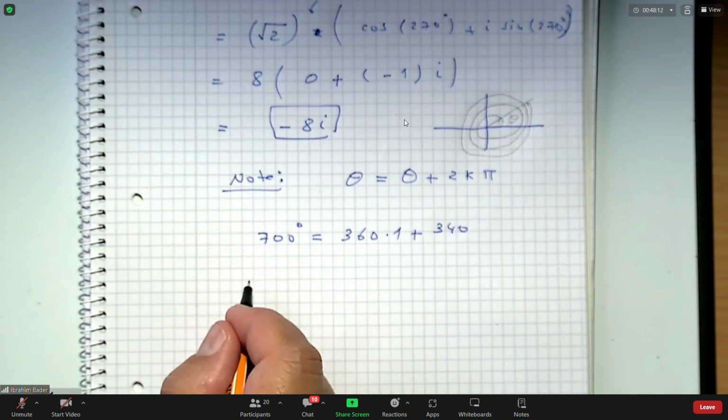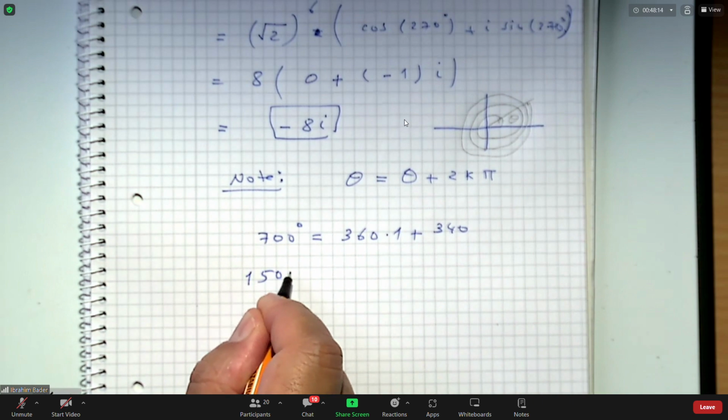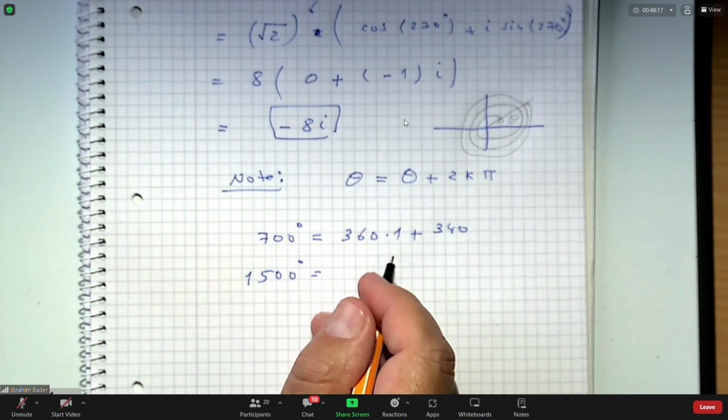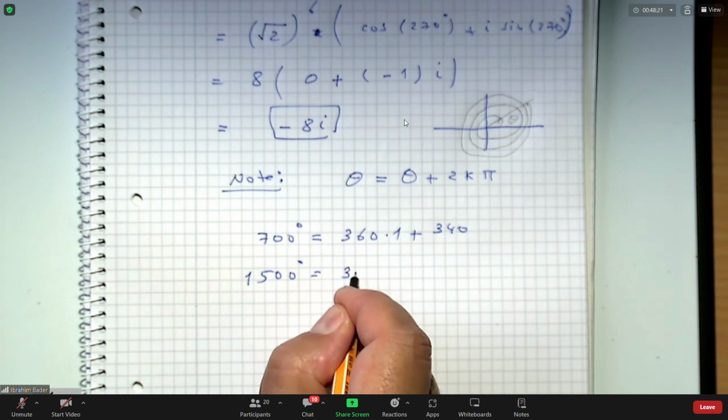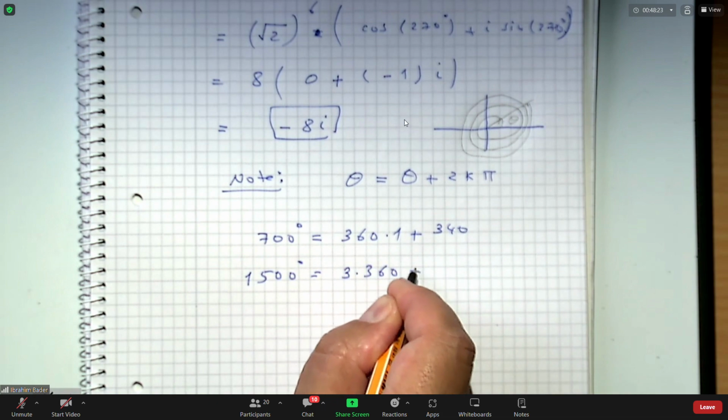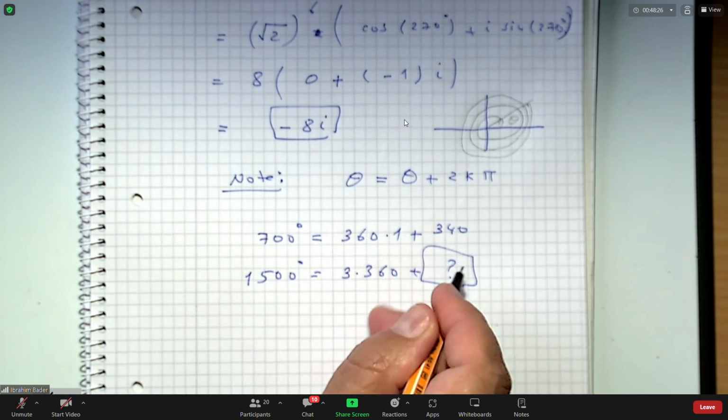If you have an angle, let's say 1500 degrees, then maybe it has 4 times 360, and whatever the rest is, is the angle.